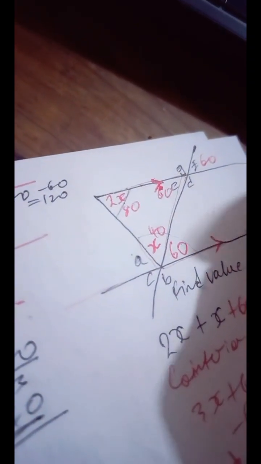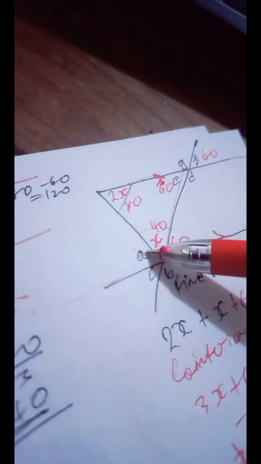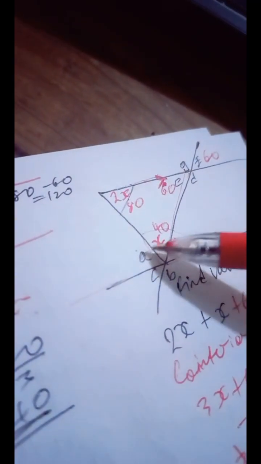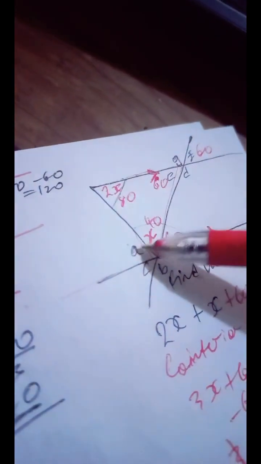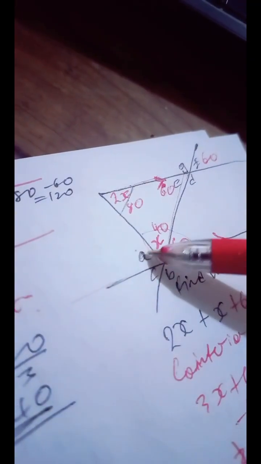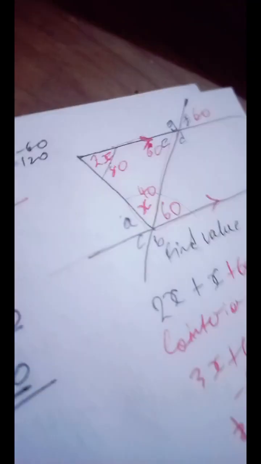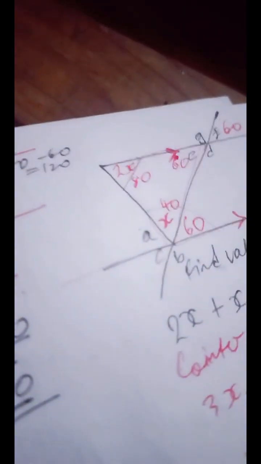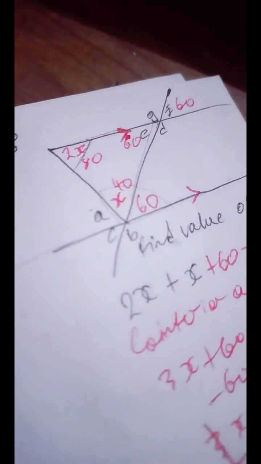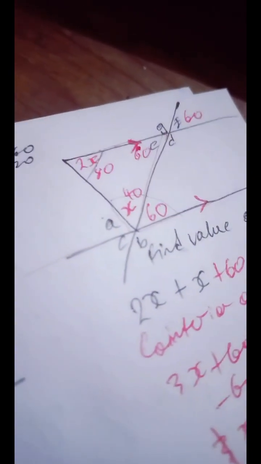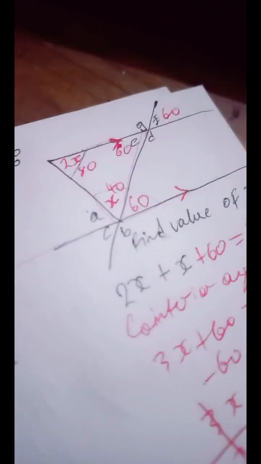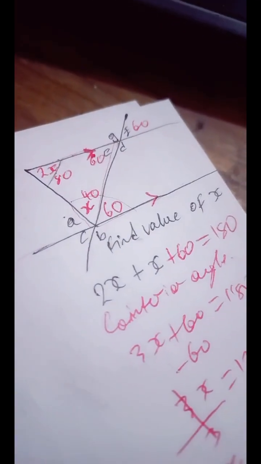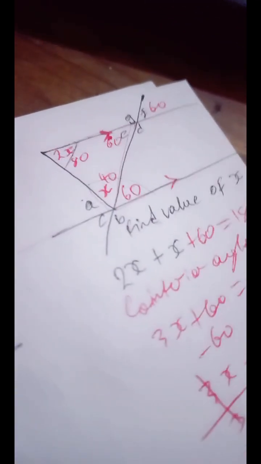How many degrees is A, guys? A is 80. What's the reason, Sister Abigail?